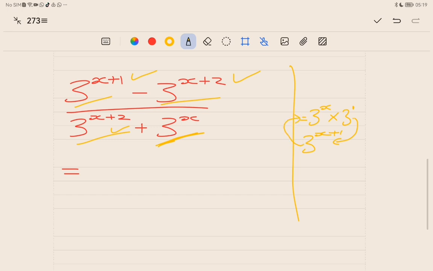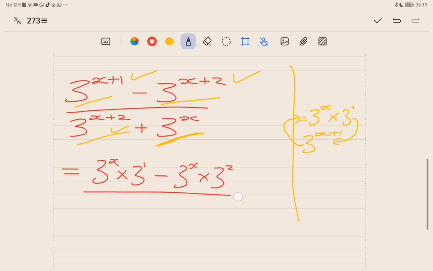So here we're going to say 3 to the power x multiplied by 3 to the power 1 minus 3 to the power x multiplied by 3 to the power 2, all divided by 3 to the power x multiplied by 3 to the power 2 plus 3 to the power x.